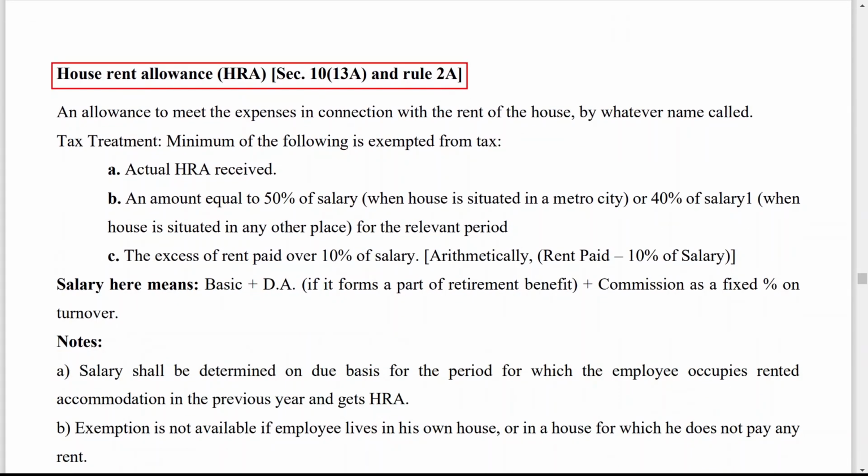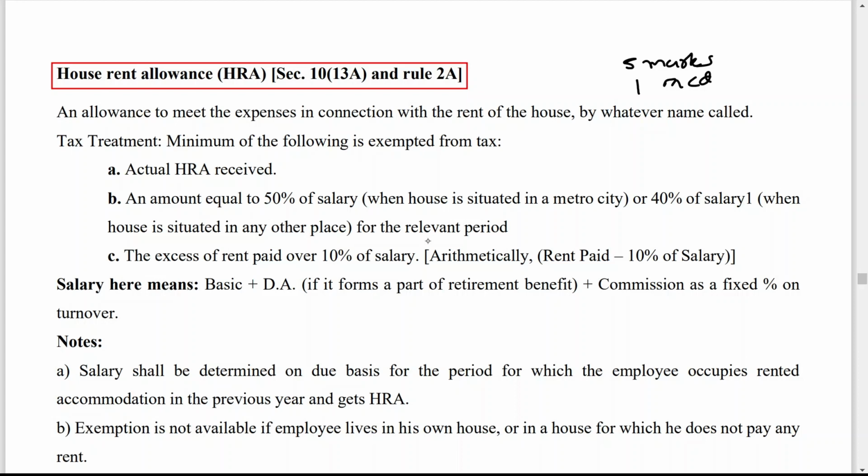The most important allowance that we are going to discuss is house rent allowance, HRA, section 10(13A), rule 2A. It can be asked for 5 marks, and it can also be asked as a 1 mark MCQ. I will tell you how it can be asked in a 1 mark MCQ while I am teaching these allowances.